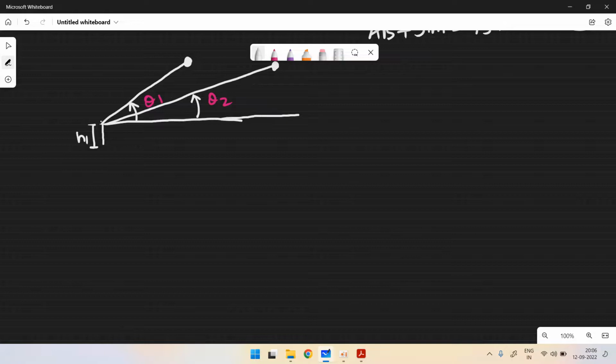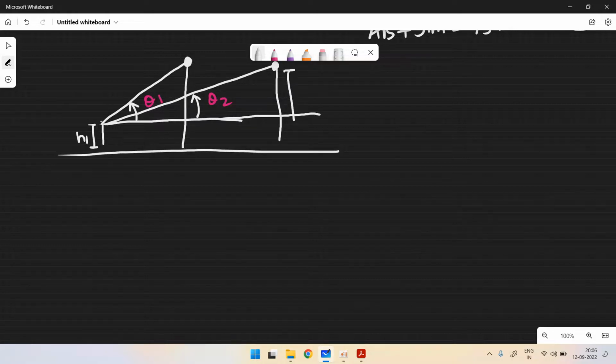Any one distance can be given to you, even the height of the balloon from the ground can be given. H1, H2, this is H2. Now you need to find, suppose, this distance, that is the line of sight distance of the balloon, or the speed.